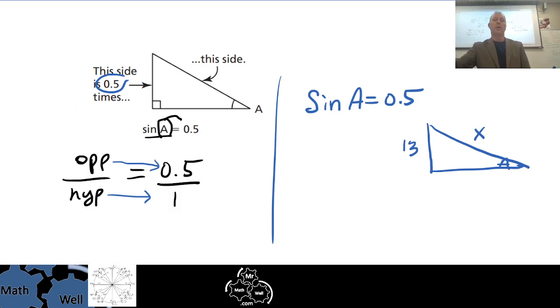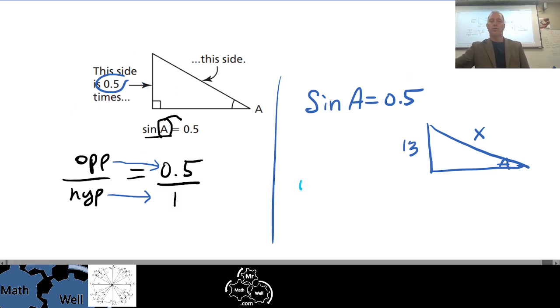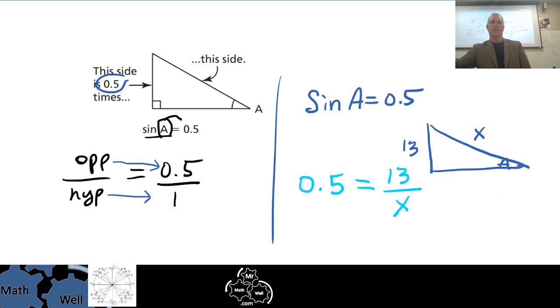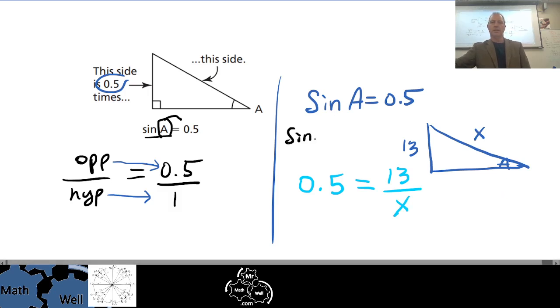Well, you go 0.5 equals opposite 13 over hypotenuse x, right? Because sine of A equals opposite side over hypotenuse.